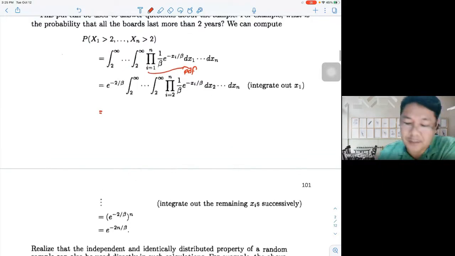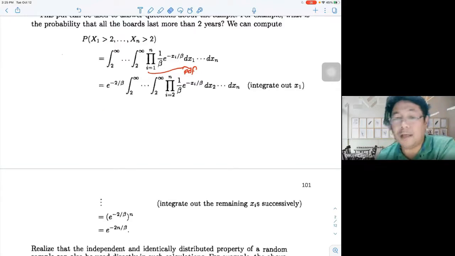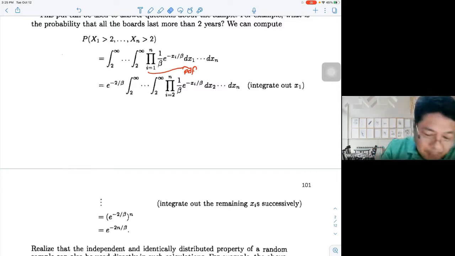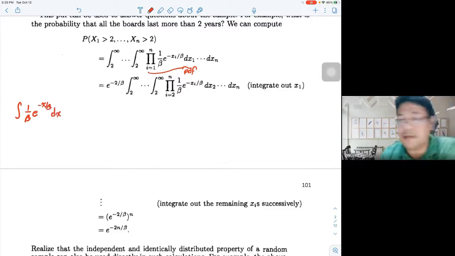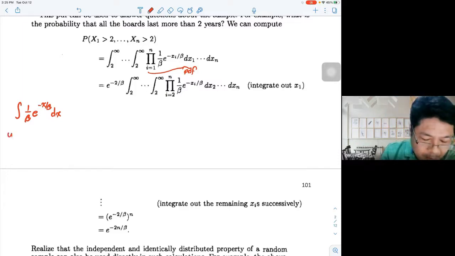We can verify this. Say, for example, for a generic integral, we have the exponential, 1 over beta, the exponential of negative x over beta, dx. Say we let u be equal to negative x over beta.